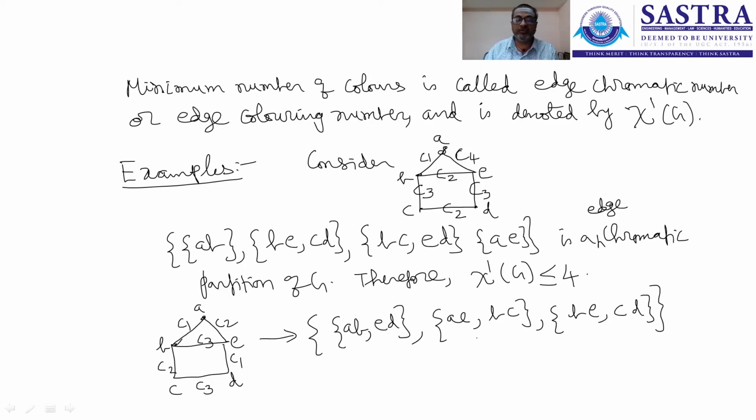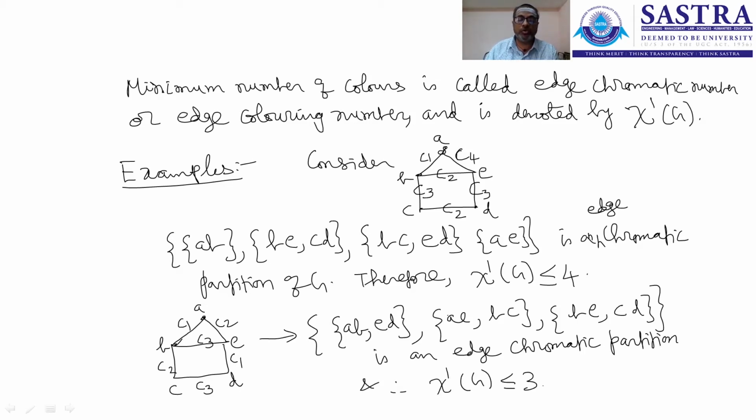So in this case, I have used only 3 colors. So this is an edge coloring, or edge chromatic partition, and therefore chi dash of G is less than or equal to 3.